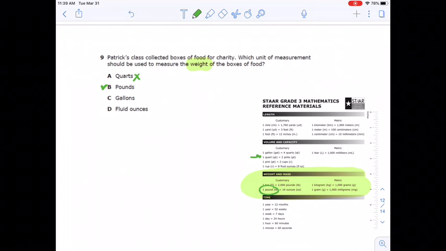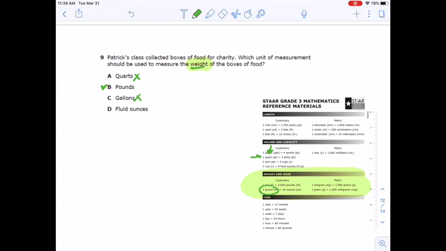Pounds are in the right section. Let's keep looking and make sure we didn't miss anything. How about gallons? Are gallons used to measure the weight or mass of something? Where do you see it on your reference chart? Right there in the volume and capacity section. So that's not what we're looking for because we aren't measuring volume and capacity.